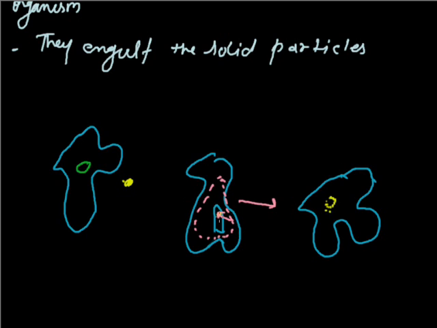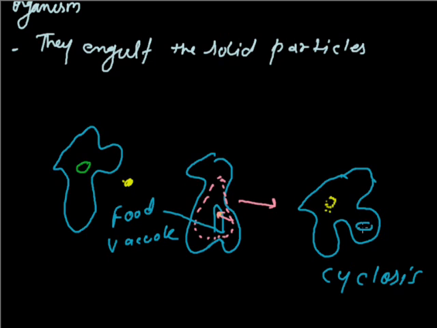It is kept in the food vacuole, and this is the nutrient. The nutrients will be circulated by the process of cyclosis, and the waste present in the body is expelled out by the body, and this process is egestion.